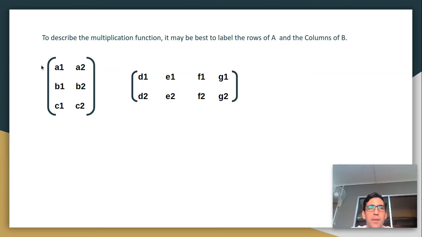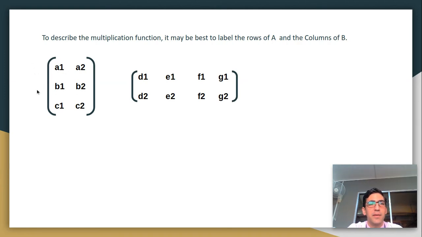So the rows of the first one are labeled, and the columns of our second one are labeled. I've given them all their own letter. Here is A, here's B, here is C, D, E, F, G. Notice that they don't match up. The A's are horizontal and the D's are vertical.